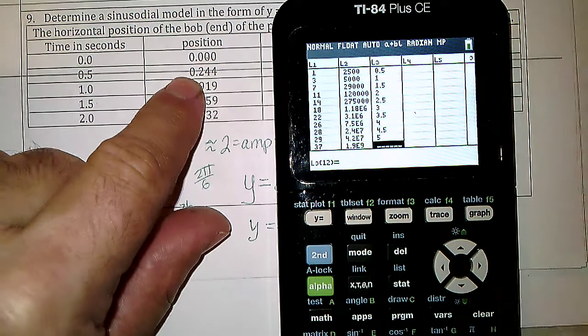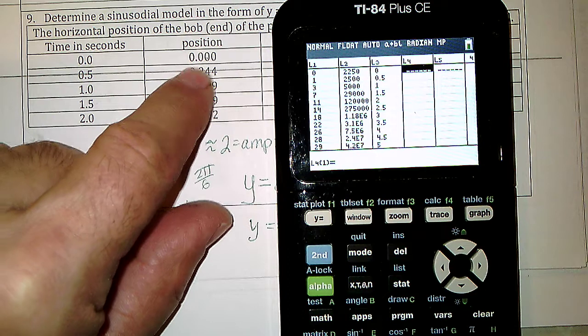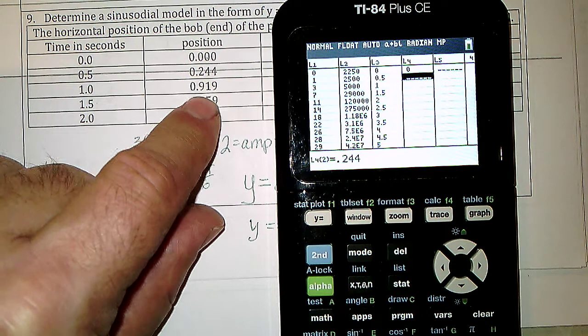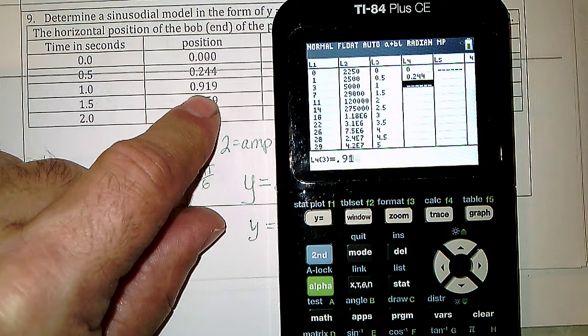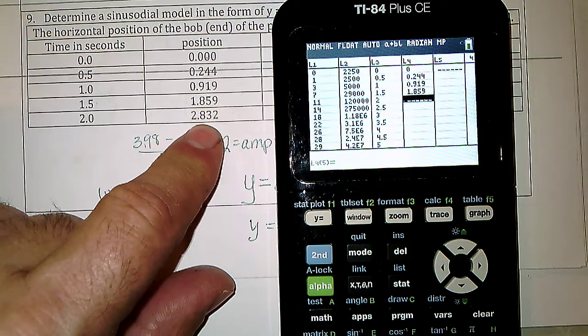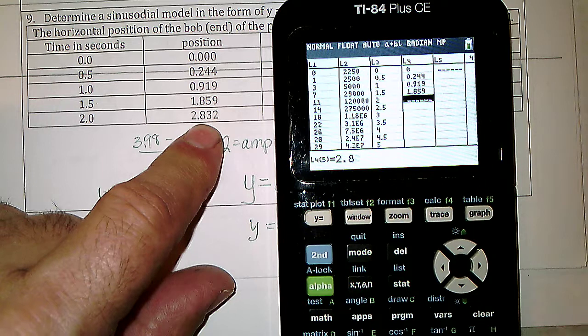There's those. Now, in list 4, I'm going to put in 0, 0.244, 0.919, 1.859, 2.832.